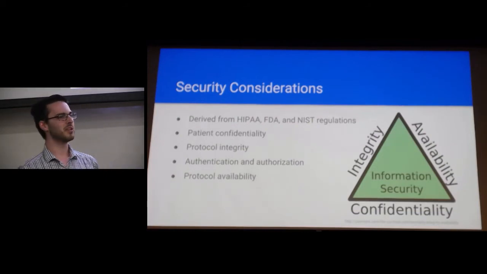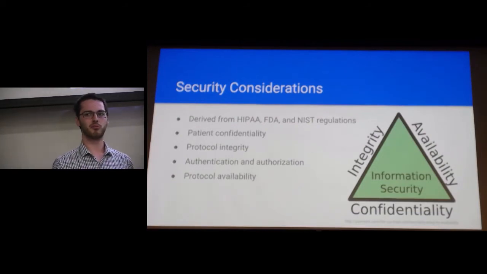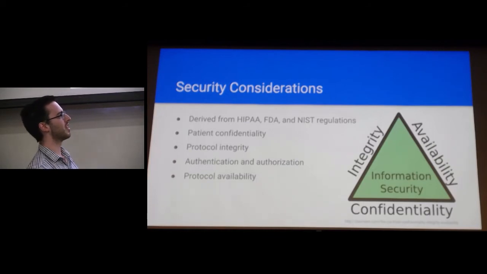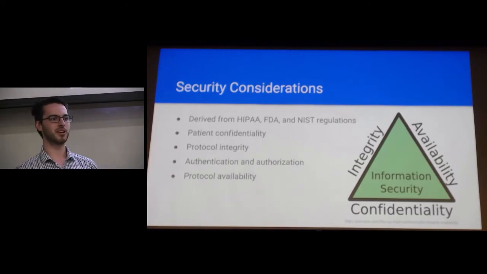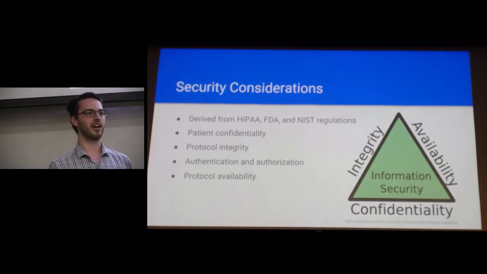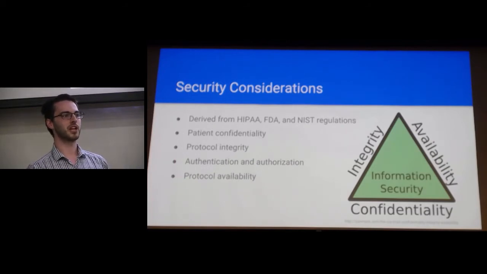So we had from there a few major security considerations, most of which are derived from different federal standards. Our primary concern is patient confidentiality, in that we are transmitting health-related data. It's the gyroscopic sensor data that is going to be attached to our patients. That has to be protected.